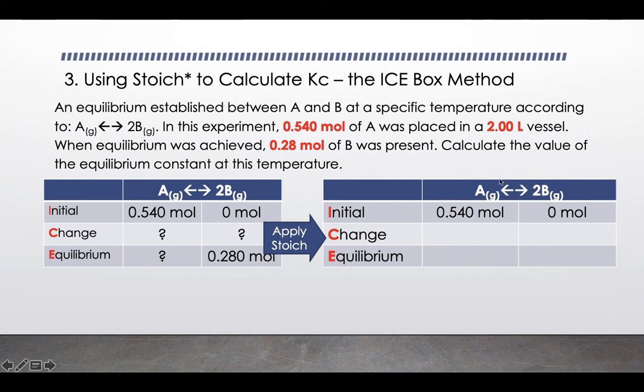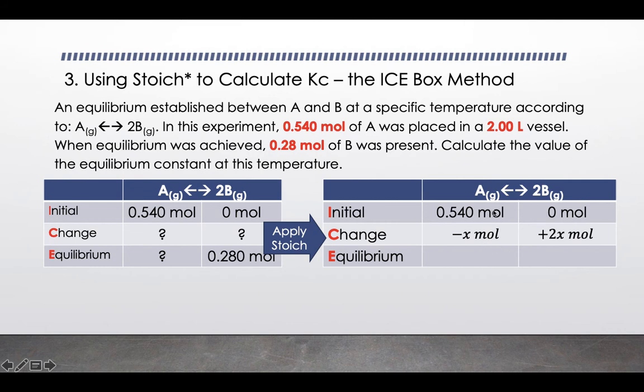That is, if 1 mole of A converts into B, then there will be 2 moles of B present at the end. Since I don't know how much A was converted into B, let's set it as X. So let's say in this process, X moles of A was converted into B. How much B will be produced then? It will be 2X mole.